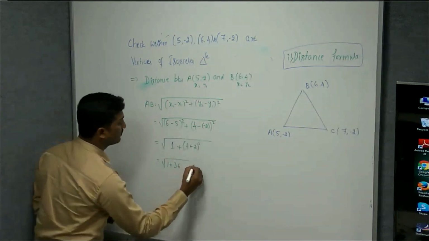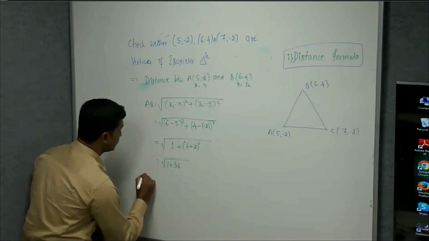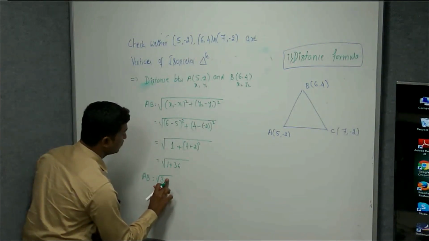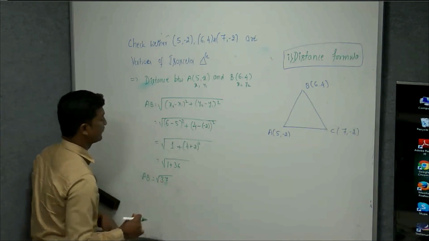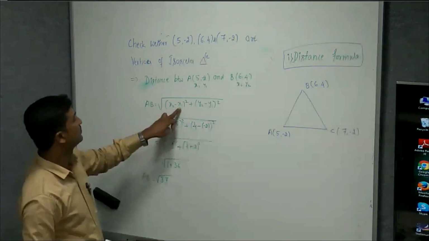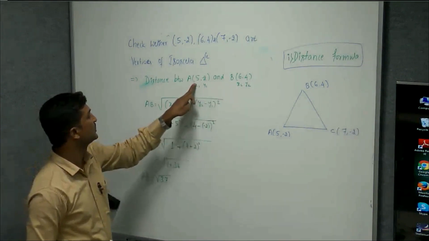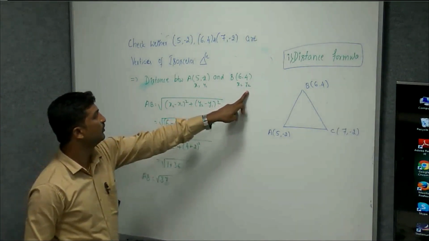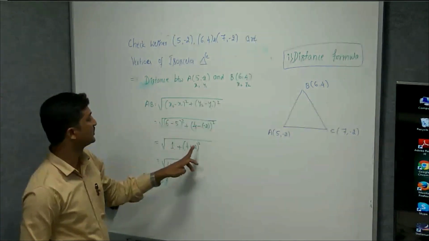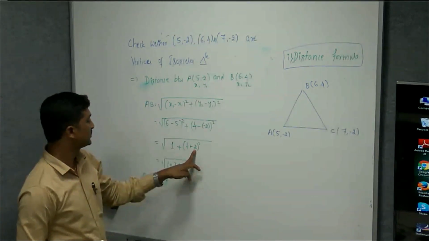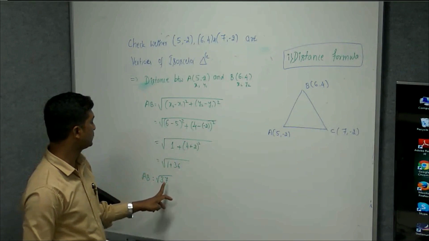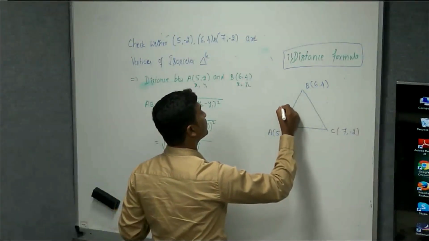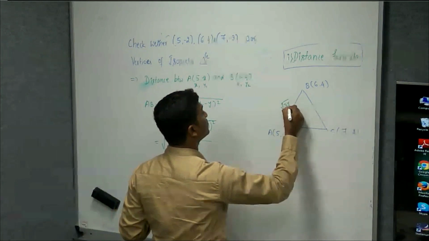So finally we end up with AB equal to the square root of 37. Here x2 minus x1, 6 minus 5, 1 square is 1. y2 minus y1, 4 minus of minus 2, that is 4 plus 2, 6. 6 square is 36, plus 1 is 37. Now the length of AB is root 37.